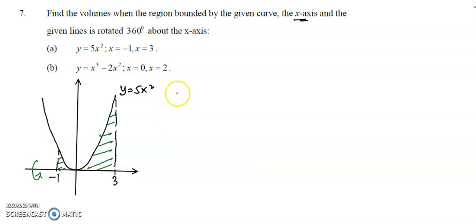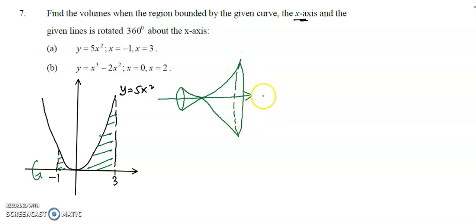If you rotate, you will get the volume something like that. This is the axis of rotation, that is your x-axis, and you will get the solid like this.